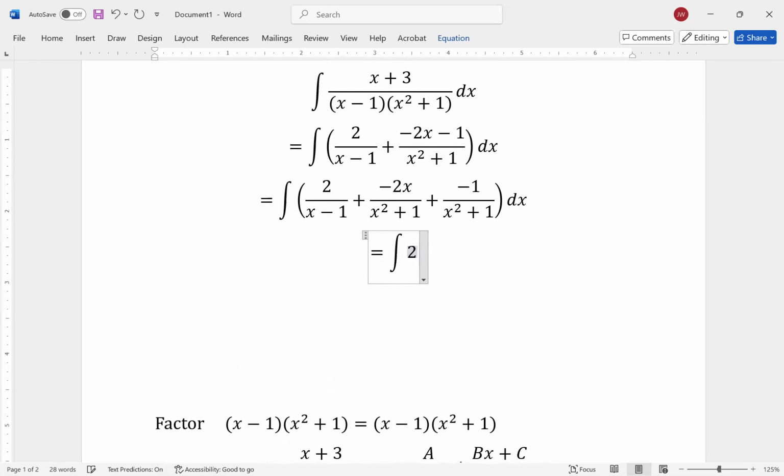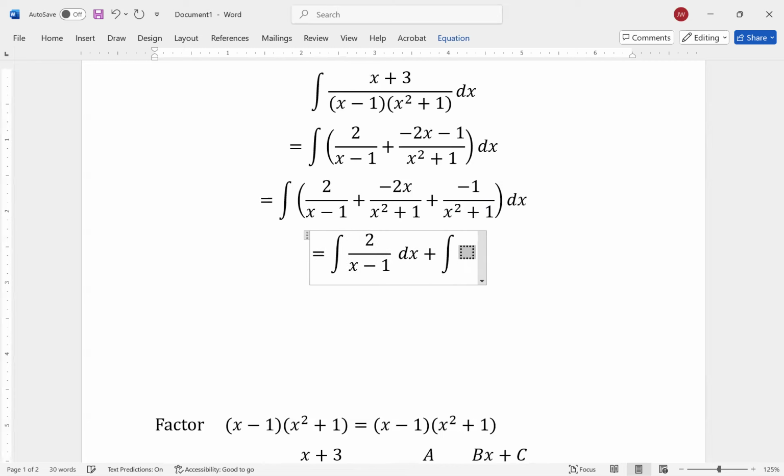If I integrate 2 over x minus 1, I know how to do that. That's going to be using natural log. Then I'm going to integrate negative 2x over x squared plus 1. That's going to be easy using just a standard u substitution.